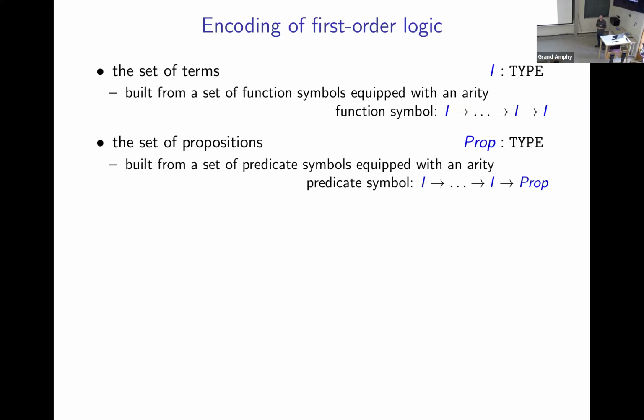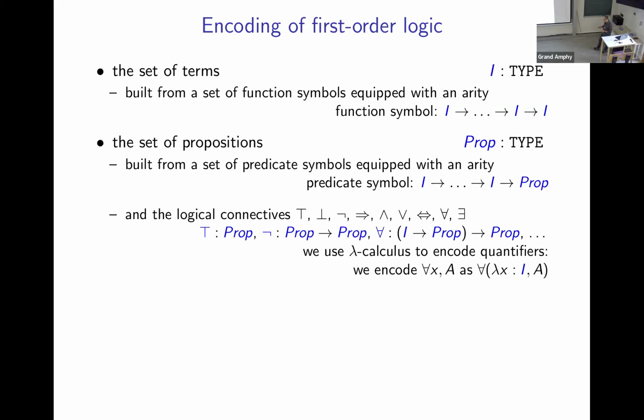So it takes n arguments of type I, terms, and returns a proposition. And we can see the connectives as constructors on the type of propositions. So the true proposition, the negation is a constructor mapping a proposition to another proposition, and so on.